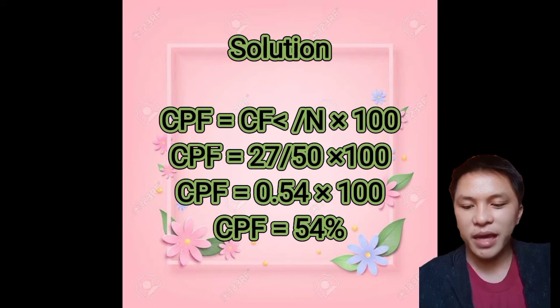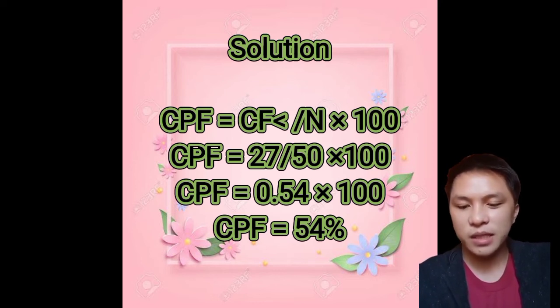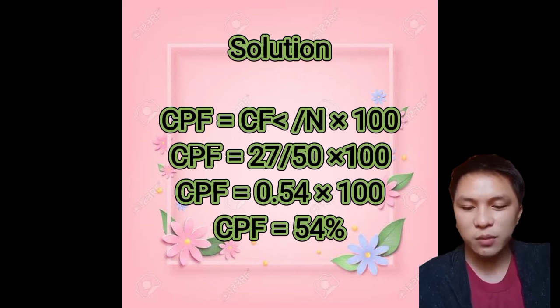Our cumulative frequency is 27 and our number of cases is 50, so 27 over 50 times 100.